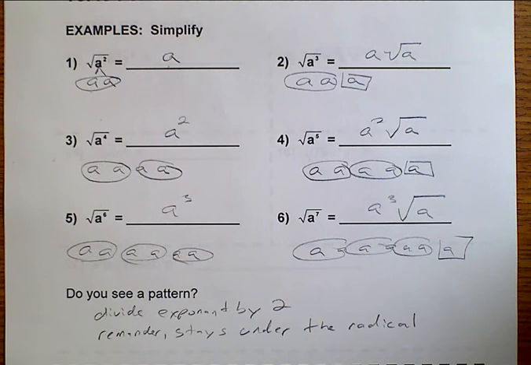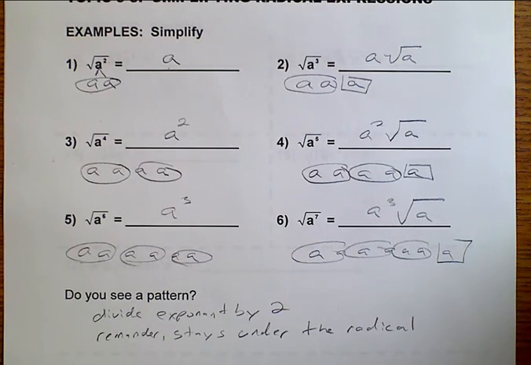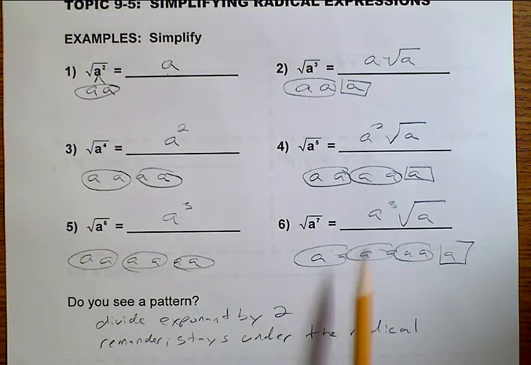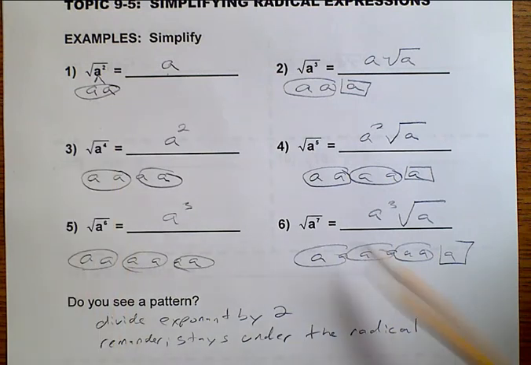So we divide the exponent by 2, and the remainder stays under the radical. I'm going to be using this shortcut in the future. I'm not going to be referring back to this. If you're confused, please come back to the beginning to do this.